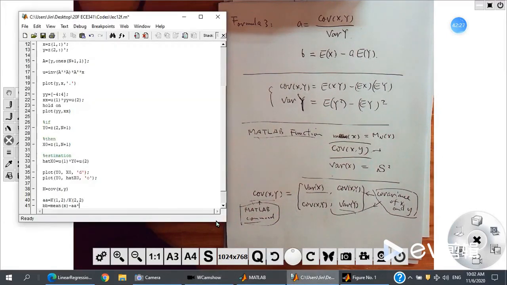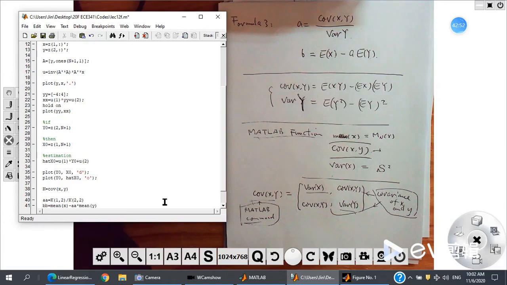Mean of y. I have this one. Alright. And the U, I solve that and get the U, right? What is A and B? Okay.